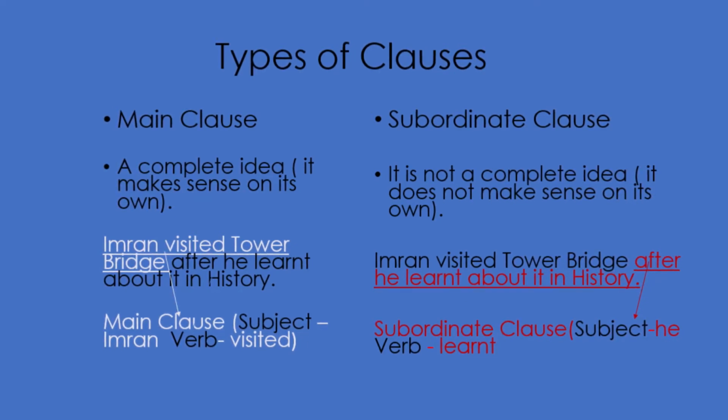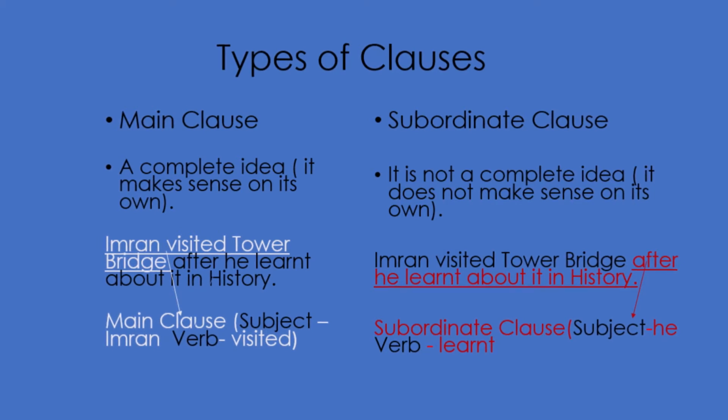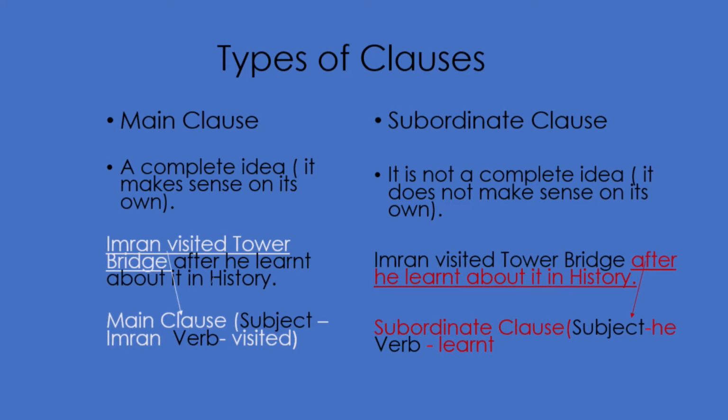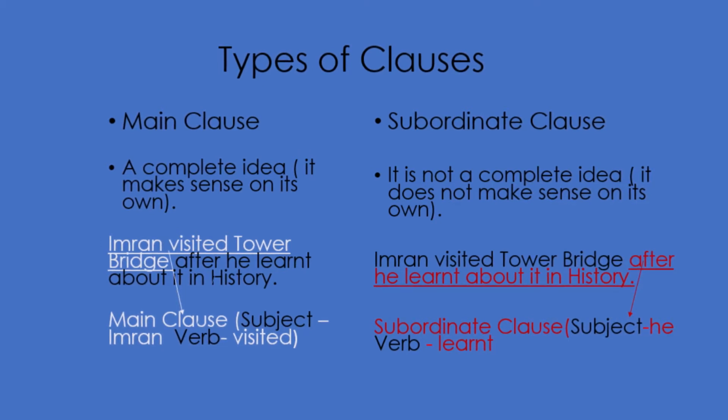As you can see, that needs a main clause to support it for it to make sense. Without the main clause, that subordinate clause doesn't make sense on its own. It is a clause because it has a subject, which is he, and a verb, which is learnt.